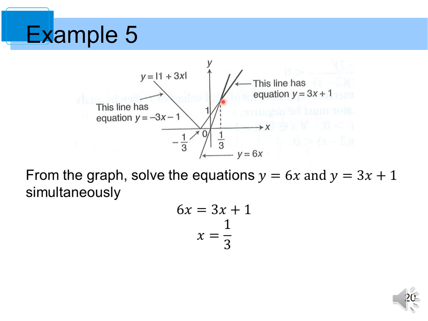This point is formed by this linear equation and this linear equation, y equal to 3x plus 1. So you solve them. And lastly, we have x equal to 1/3. So this is the x coordinate, 1/3. So this is a complete graph.